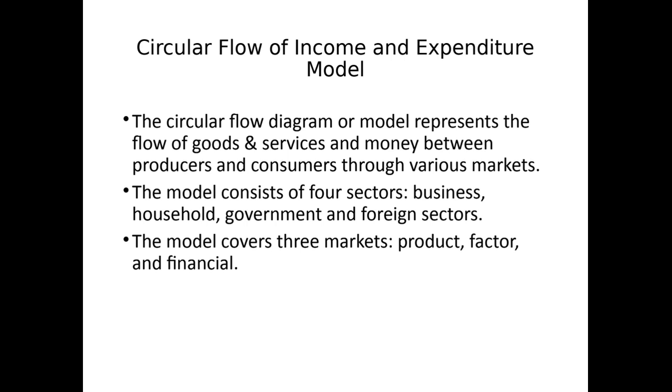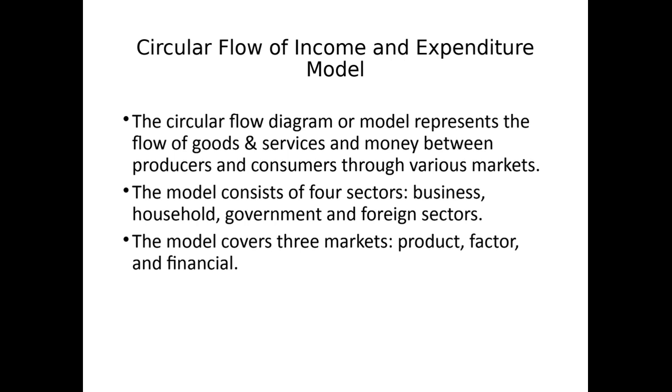Circular flow model or diagram represents the flow of goods and services and money between producers and consumers through various markets. So basically, it's a circular flow of goods and services and money between producers and consumers.